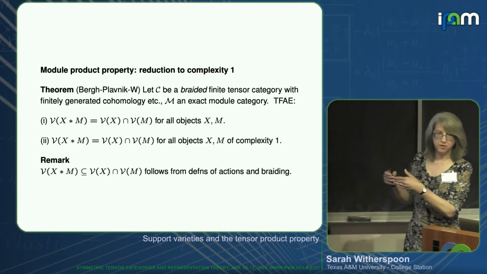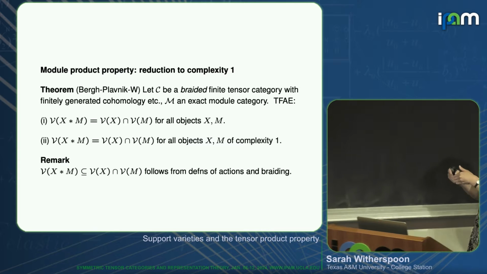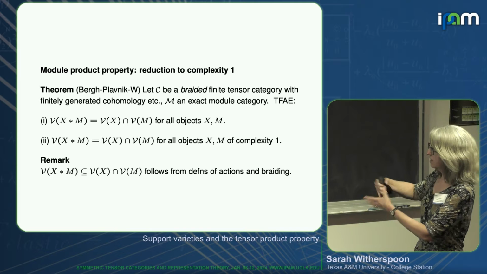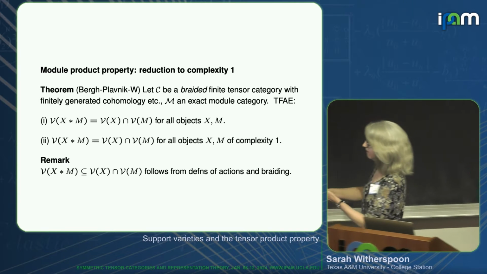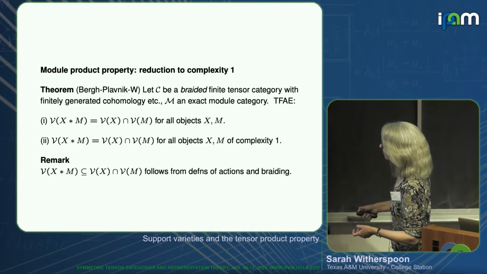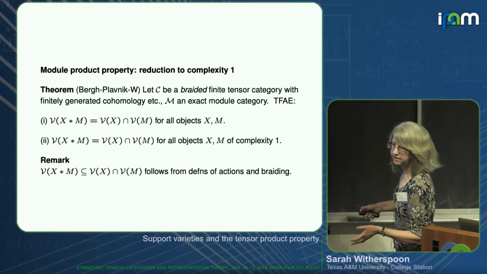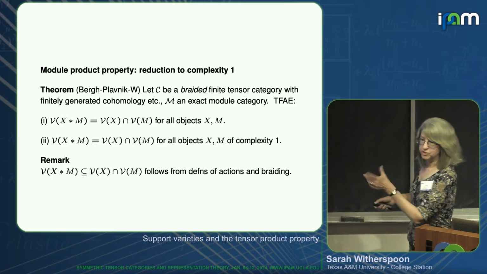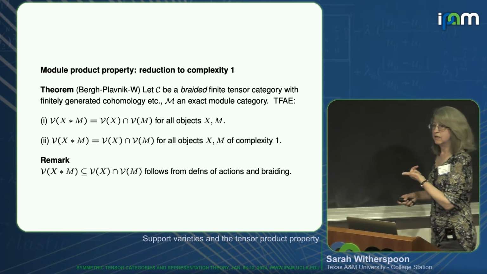Remember the variety is the maximal ideals that contain the annihilator of the object. And so if you're annihilating X, then you'll annihilate X star M. And it works the other way around because the braiding allows you to switch the order of things. I've forgotten, does this detect projectivity?